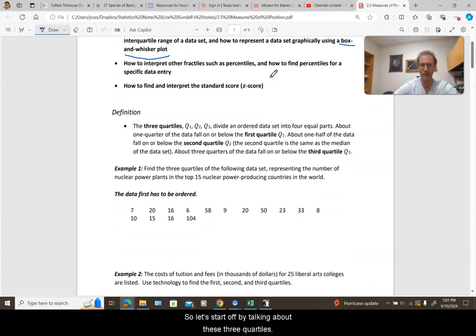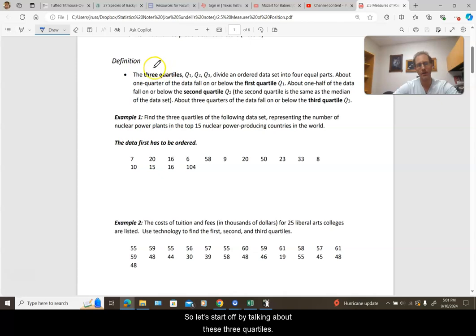All right, so let's start off by talking about these 3 quartiles, and they're going to be denoted by Q1, or Q sub 1, Q sub 2, and Q sub 3. And like I said, they're going to divide the ordered data set into 4 equal parts. About 1/4 of the data is going to fall on or below whatever that first quartile is.